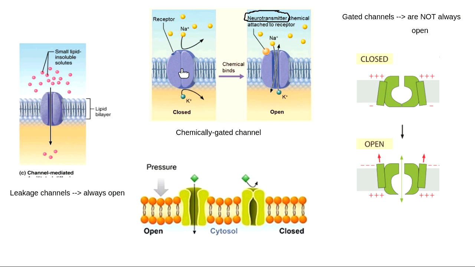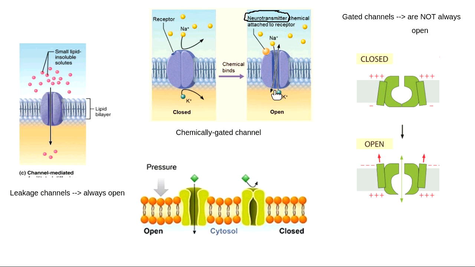When I send a neurotransmitter message from one cell to another, that neurotransmitter acts like a key. It goes into this part of my gated channel. When I attach that chemical, the gate opens up, and now I've got a channel for things to rush in and rush out of.